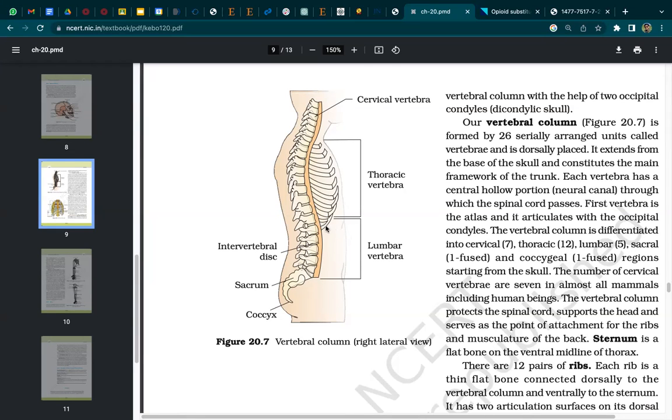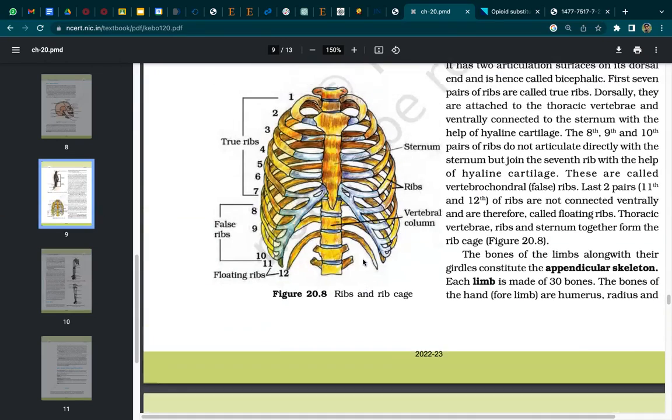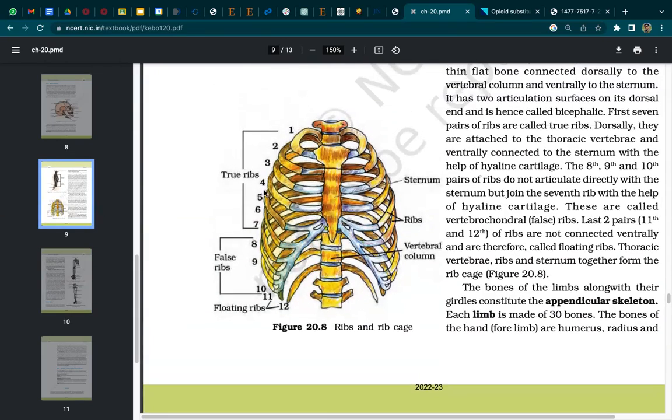Let me go to the rib diagram now. You see, all these 12 ribs are at the back connected with the vertebral column, the 12 thoracic vertebrae. But on the front side, this is the sternum, which you see in the center, like a tie.